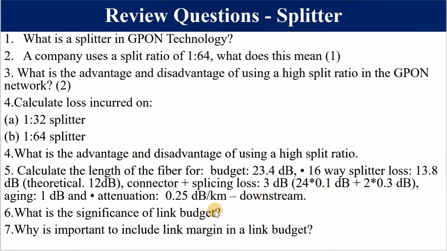Why is it important to have a link budget? And number 7, why is it important to include link margin in a link budget, so that you deal with things like aging or other eventualities which may occur on a network that can result in loss.